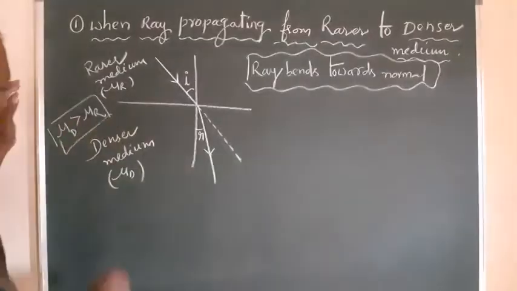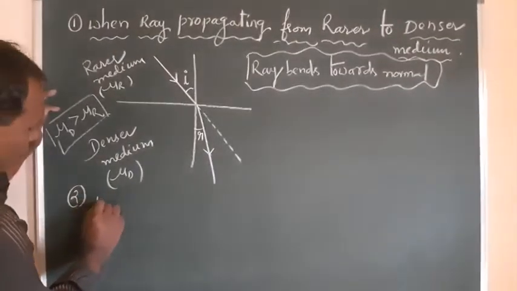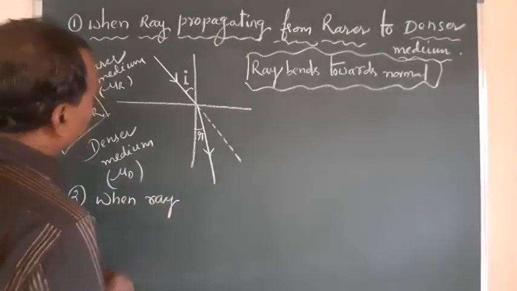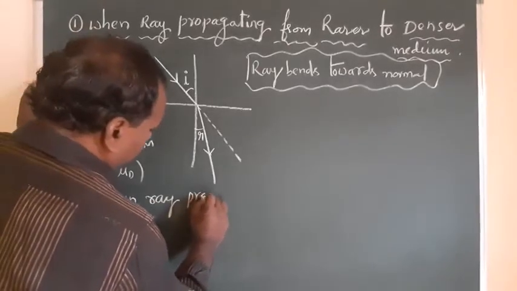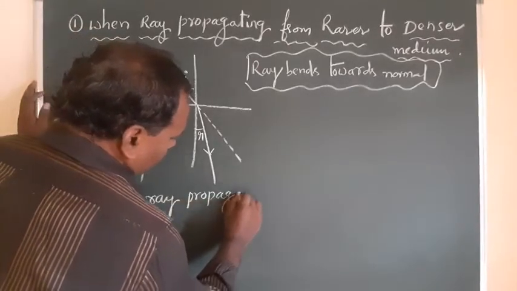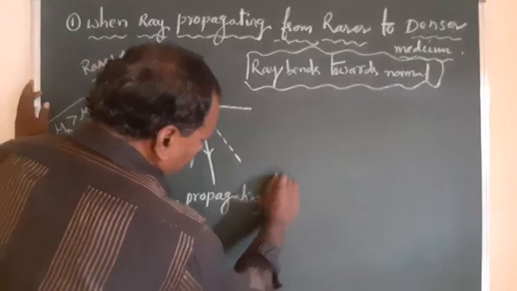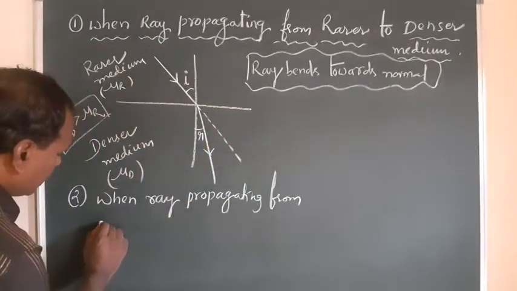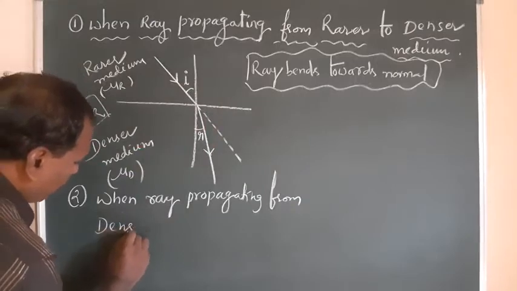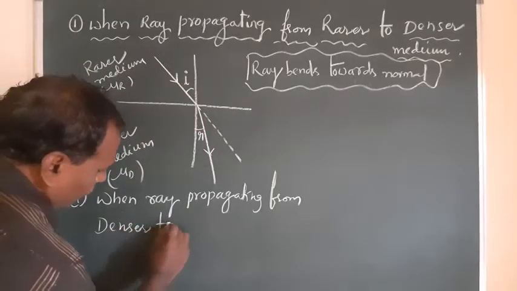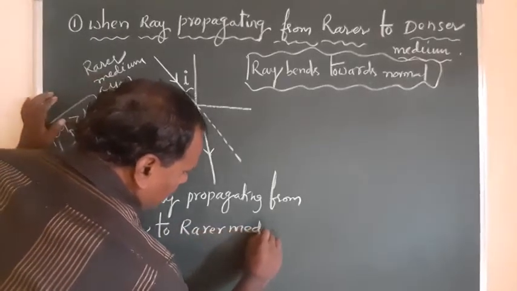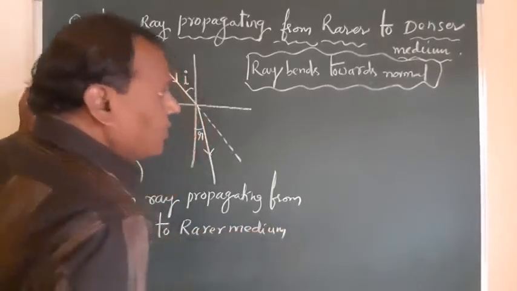Anyway, I'll give you the second case, that is, when a ray propagates from denser to rarer medium, then what you can observe.